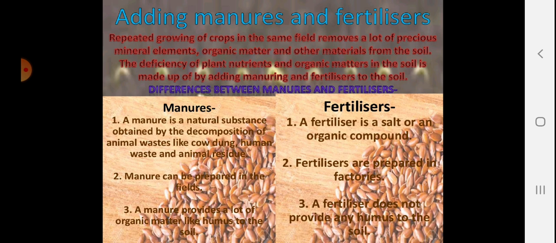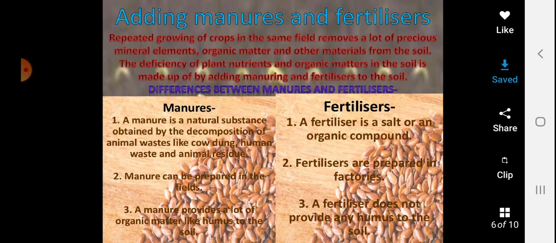So these fertilizers are specific, with the required amount of that nutrient. They are prepared in factories, using chemicals. A fertilizer does not provide any humus to the soil. They are just specific to nitrogen, potassium or sulfur, so they don't provide any other nourishment to the soil.